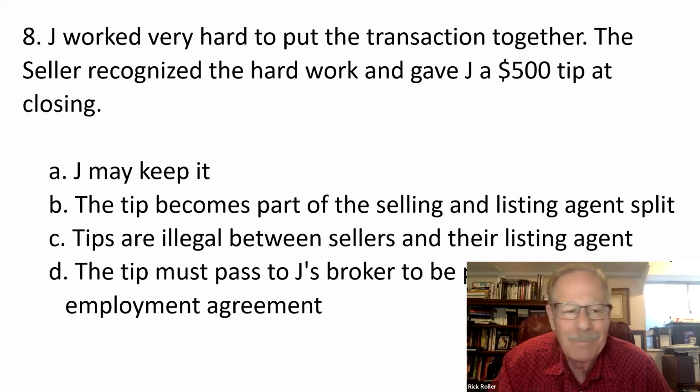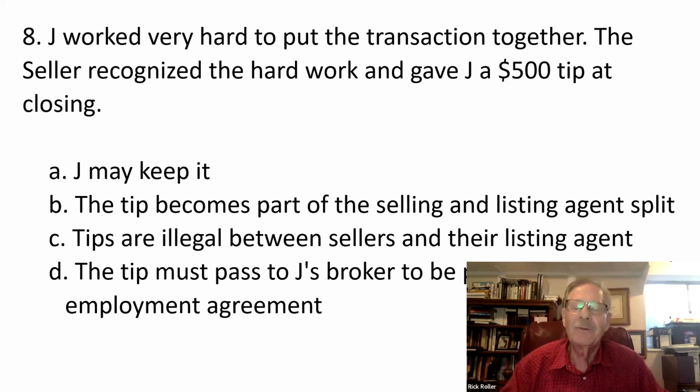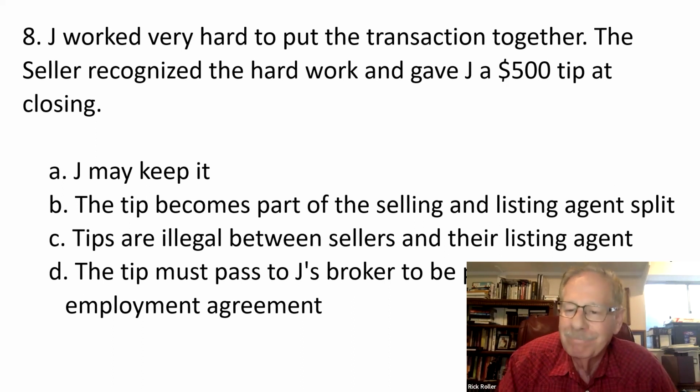What do you think? B, the tip becomes part of the selling and listing agent split, between you and the agent that brought in the buyer. Most of your listings are going to be sold by another agent. They're sold through the MLS. Sometimes there's a large percentage sold by yourself. In my first couple of years in the business, the first year I sold 58 houses, the second year 98.